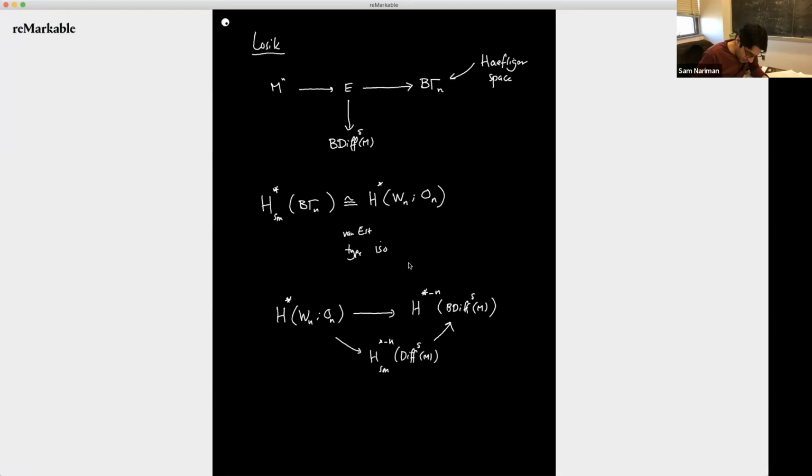And Losik says that this is injective when star is bigger than 2n. So this is Losik.